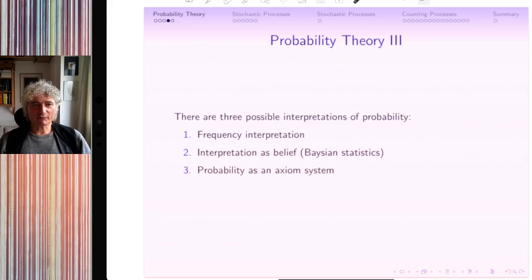Sometimes, if you look at it abstractly, like in Newtonian mechanics, you have no need for an observer, but Bayesian statistics, which is based on the belief interpretation of probability, introduces an observer.